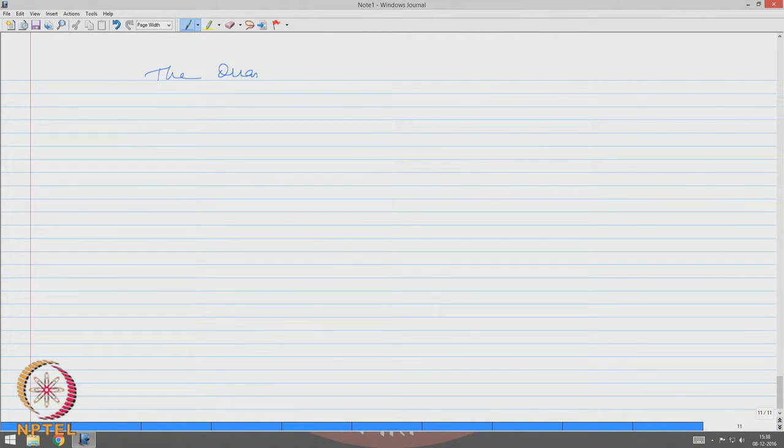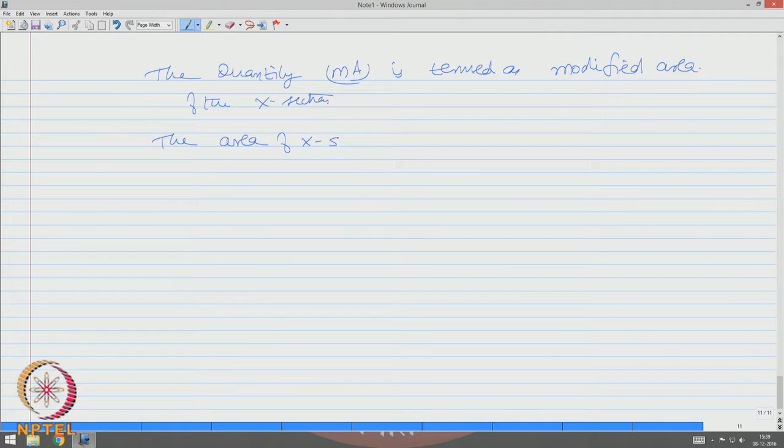The quantity mA is termed as modified area of the cross section. That is, the original area of cross section is modified due to application of moment M. Let us look at the second integral.